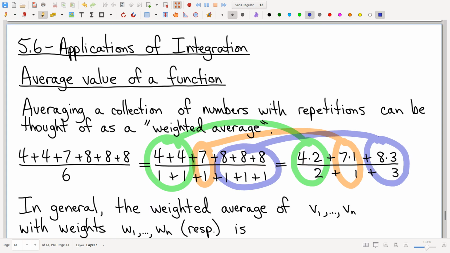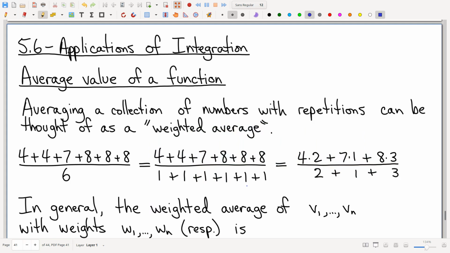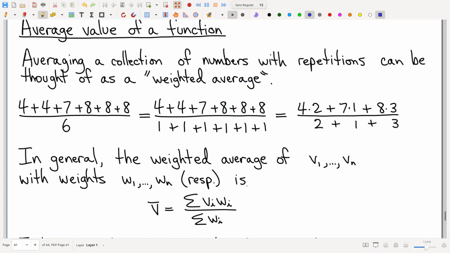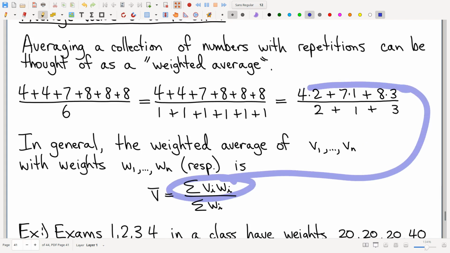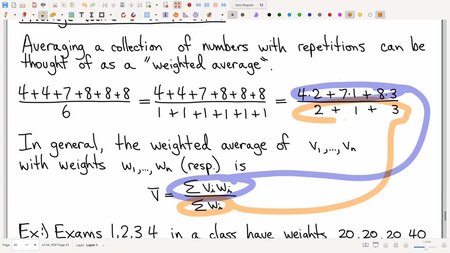And then notice, when you have repeated terms, as I see in this calculation here, what you're doing is adding up in your numerator a bunch of things that look like that, and then in your denominator, you're adding up these things like that. And in particular, notice what you might call the multiplicity.